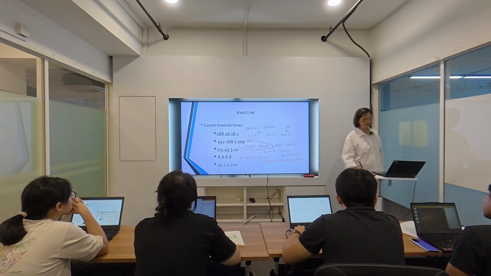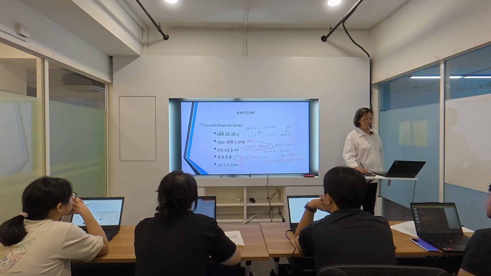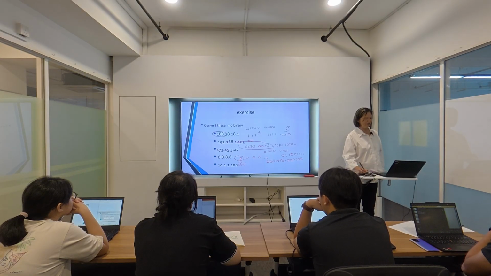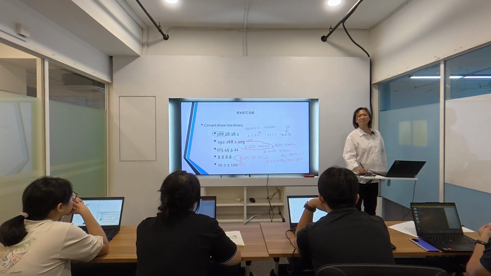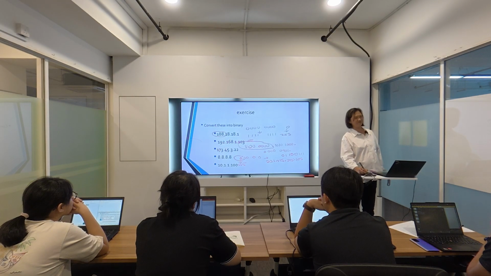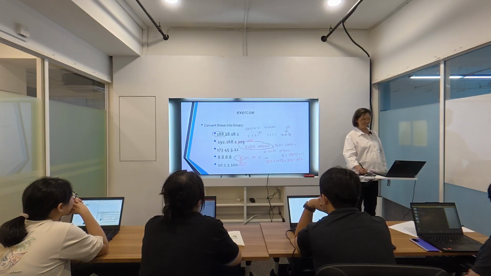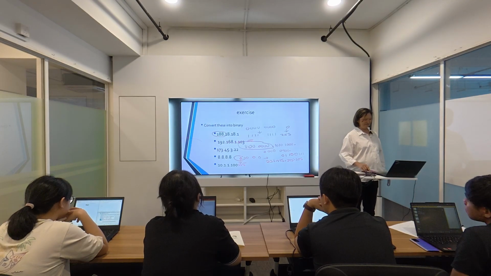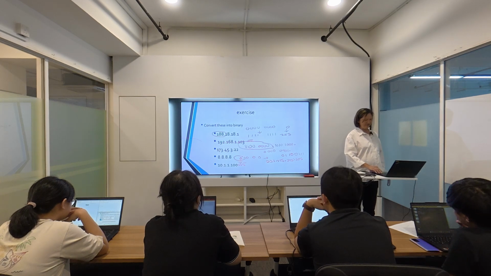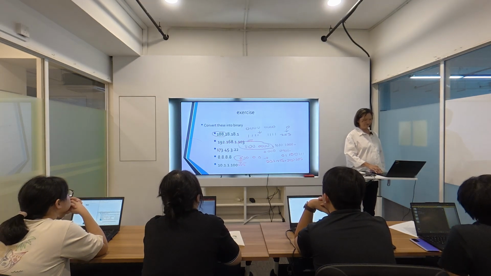Every decimal that you see here ranges from 0 to 255. It cannot be more than 255. You don't have 256 or 272. So that is how the binary range is for each part of the IP.